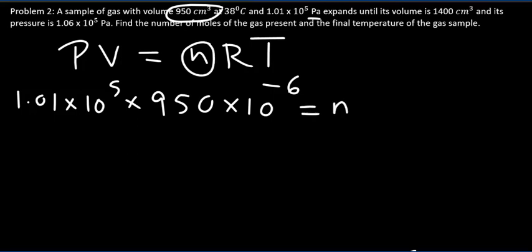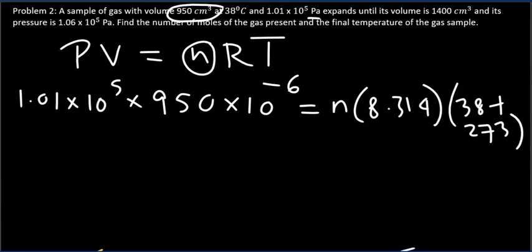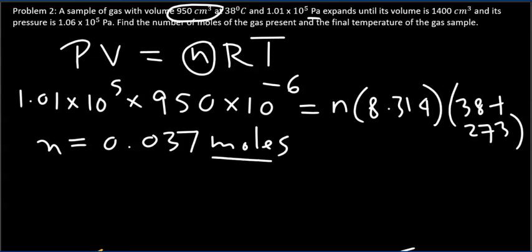And we don't know. R is 8.314 and the temperature is 38 degrees Celsius. So you have to change that into Kelvin. And we can solve for the number of moles. And when you do that, you get 0.037 moles for the number of moles.